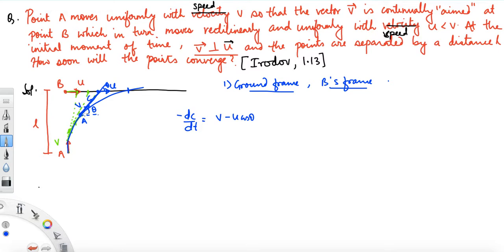The line joining these two, the negative of the rate of change of this distance, because this is the rate at which this distance is decreasing, is equal to the relative velocity along this line, which is v minus u cos theta. This is equation number one, and if we integrate, minus dc is equal to v minus u cos theta dt.